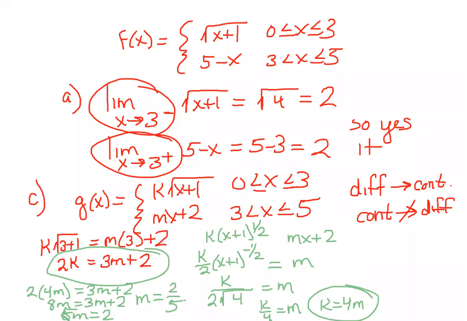Let me make sure I'm doing this right. Yep, and then put it into here, and k equals 4 times 2/5, and k equals 8/5. And that is our answer for that.